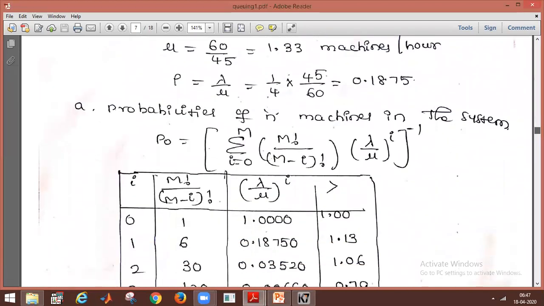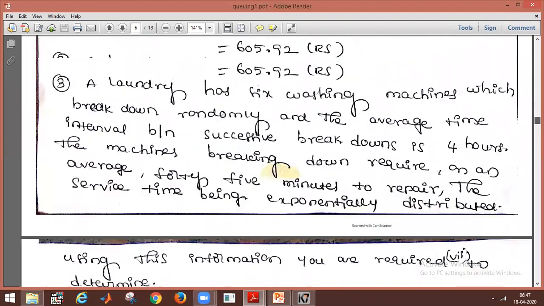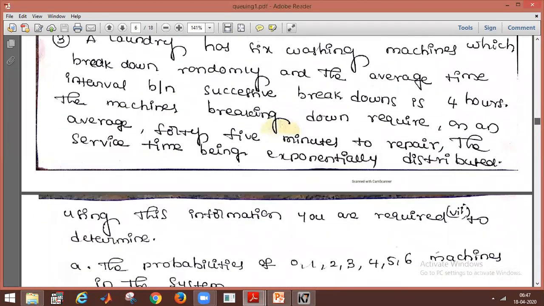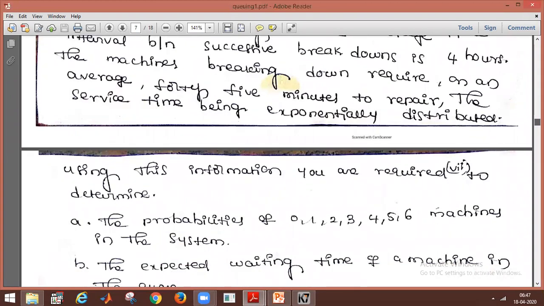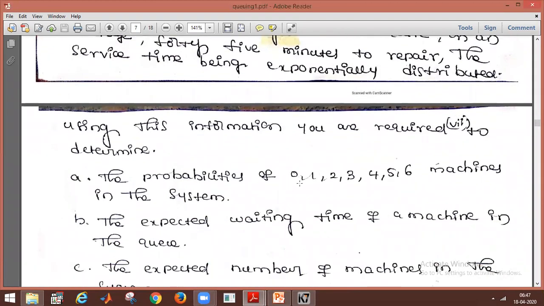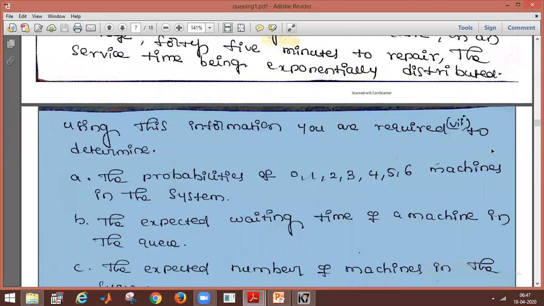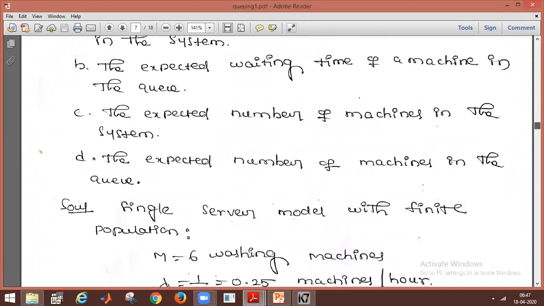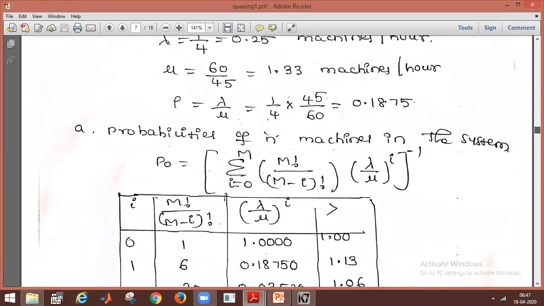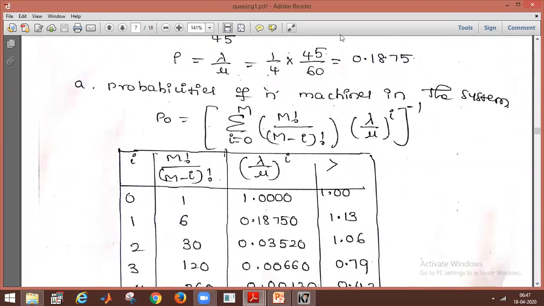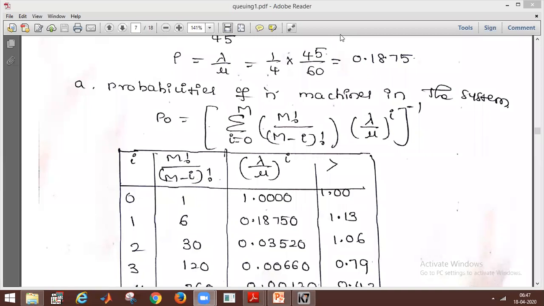What is A? The probability of n machines in the system. Here 0 means the idle state. So what is the P naught formula? P naught is the summation of I equal to 0 to m of m factorial by m minus I factorial, lambda by mu whole power I, the whole inverse.